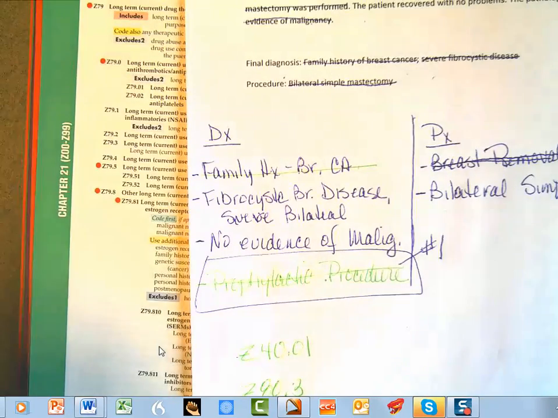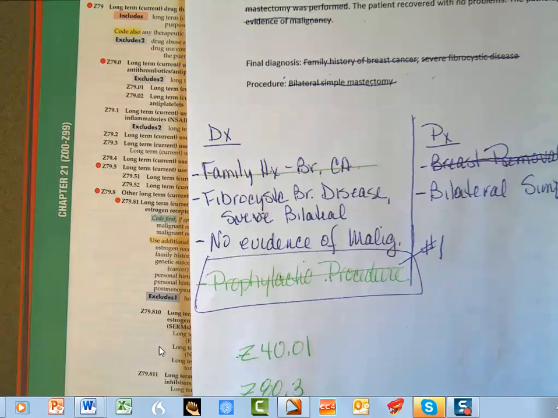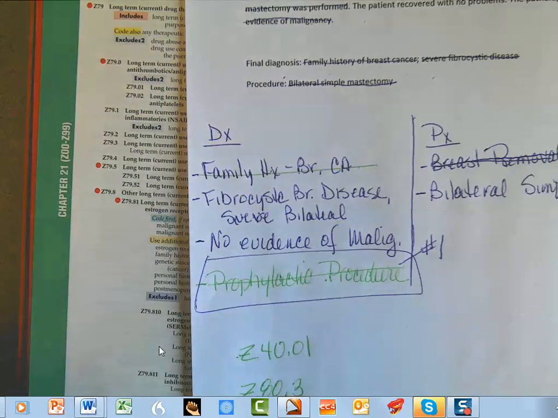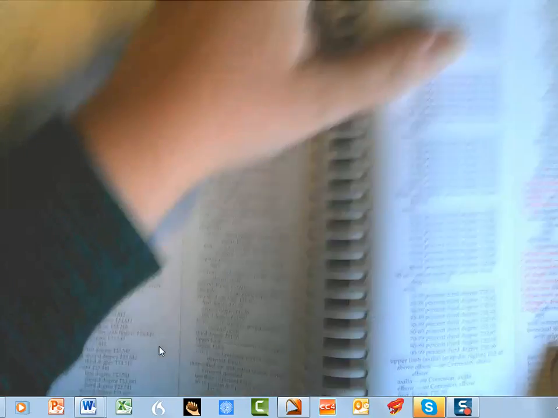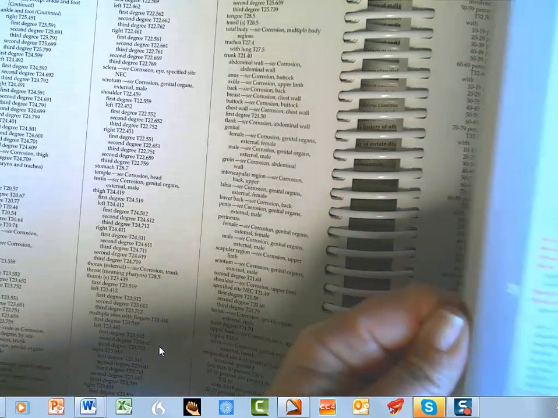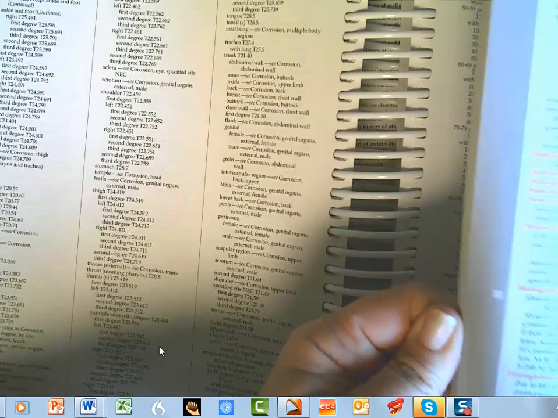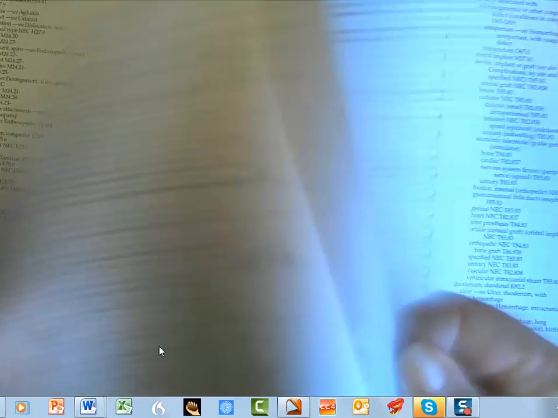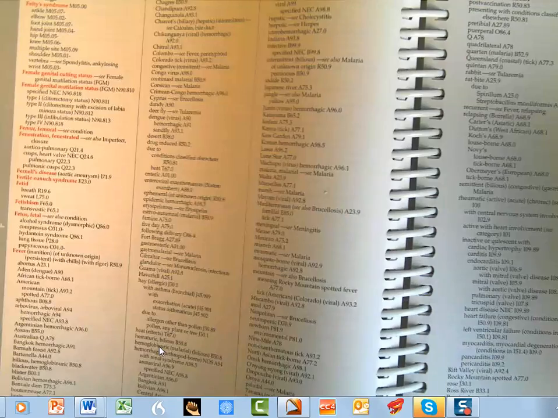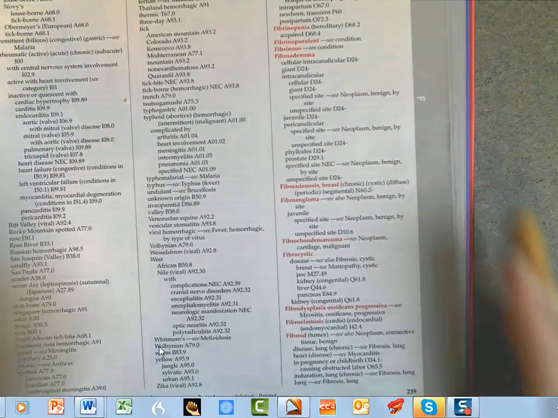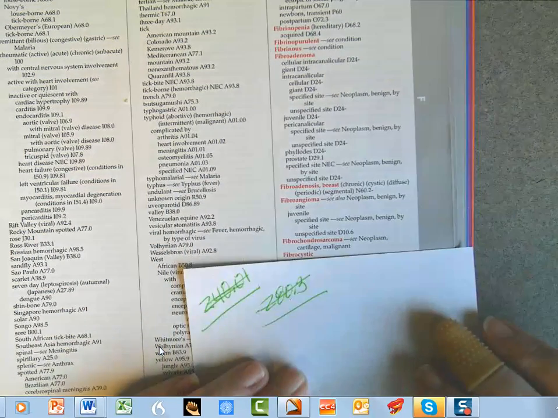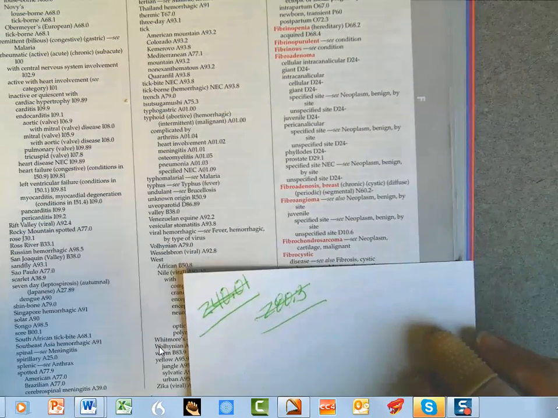But now she also has her own diagnosis of fibrocystic breast disease. So now we've got to go look at fibrocystic breast disease. So let's go back to our index and let's look up fibrocystic. So when we look up fibrocystic, it says disease, which is what we have, fibrocystic disease.